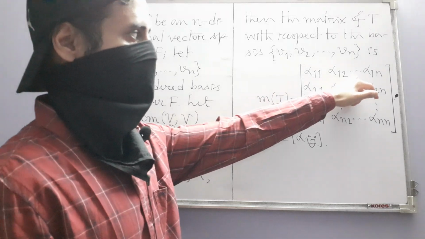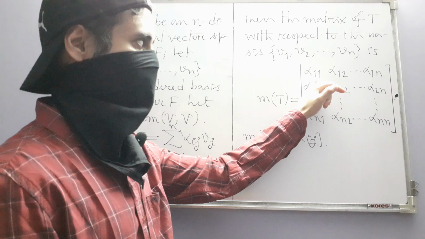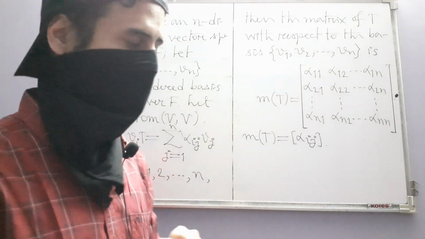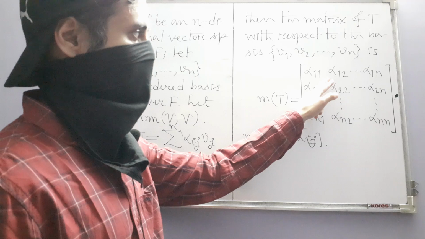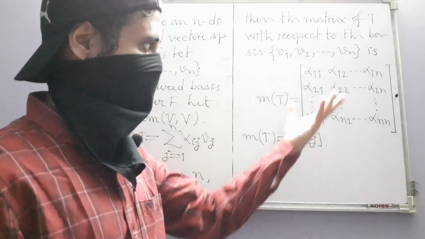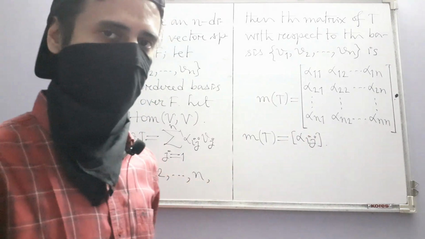For the entries lying in the first row, in the double suffix, the first number is 1, that is the row number, and the second number is the position of the entry in that row, in what column it lies, it indicates that number.